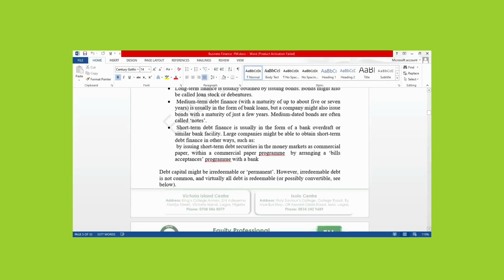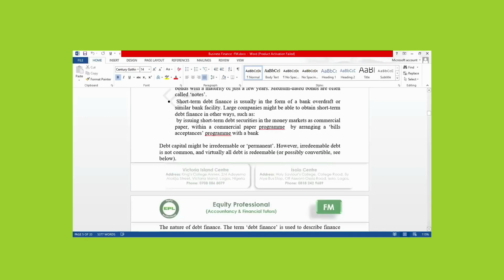All right. We discussed that when we come to debt financing, the debt may be redeemable, irredeemable or convertible. Your debt finance can be redeemable debt, a debt with a specific repayment period. That instrument is redeemable.